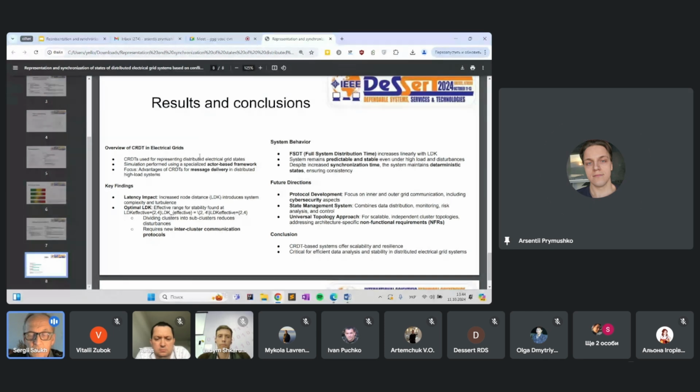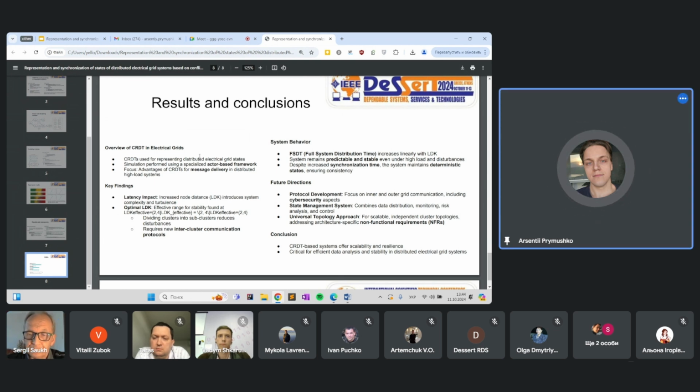And when we talk about the synchronization, you mean synchronization of data in the information network. Yes. And how about the electricity network of distributed systems? Yes, so in the scope of this work, we mainly rely on the information network.